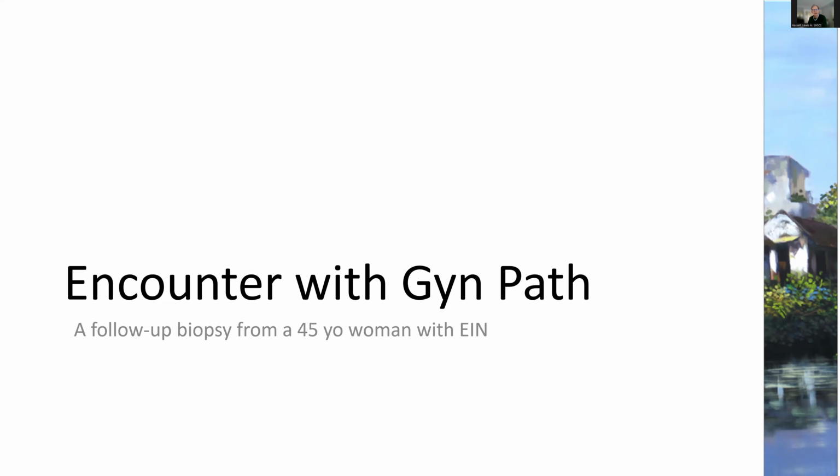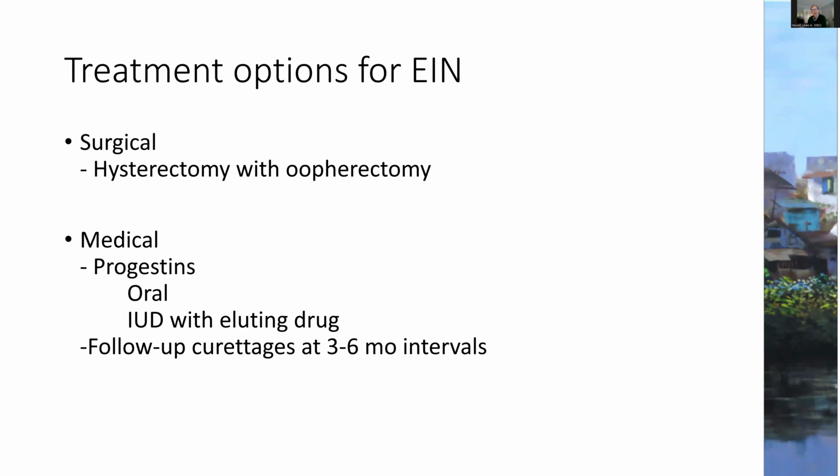There are several treatment options, and they vary somewhat based on the age of the patient, their desire for further fertility, and the risk factors that they may have associated with EIN. So the main option in most situations is surgical. Performing a hysterectomy along with oophorectomy removes any further risk of progression or development of carcinoma. But in some circumstances, a medical approach seems prudent if the patient's a poor surgical risk or desires to maintain fertility.